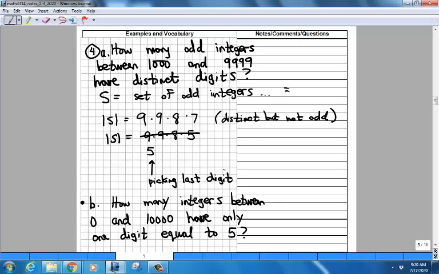In that case, how many choices will I have? 8? Why is that now? You can't include the last digit, and you cannot include 0. So we have 8 choices there.